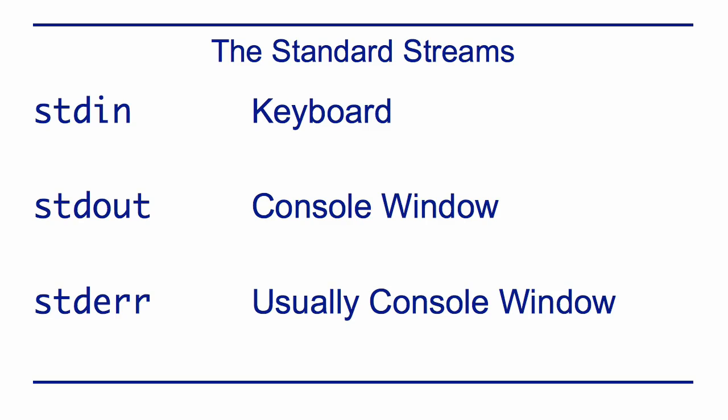Usually it means the text window in which typing is happening. Standard error is the stream on which error messages are sent. This is usually the same as standard out, but the user can arrange for the text printed on standard error to go somewhere else, so error messages should be printed to standard error.